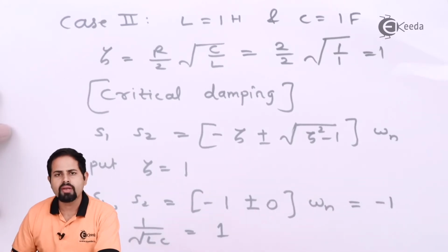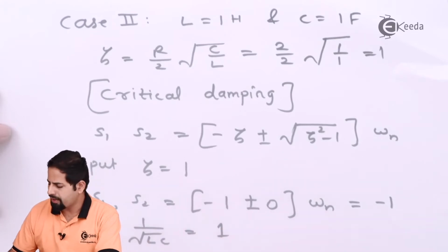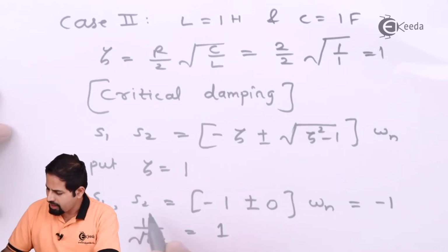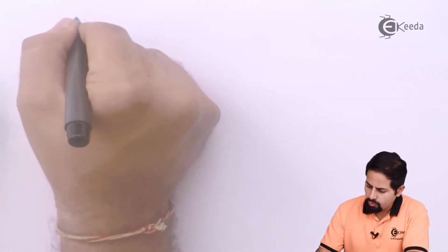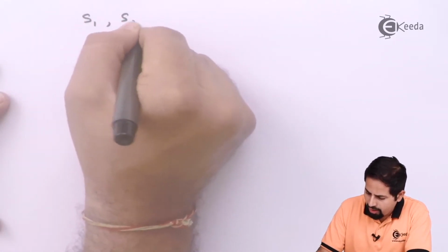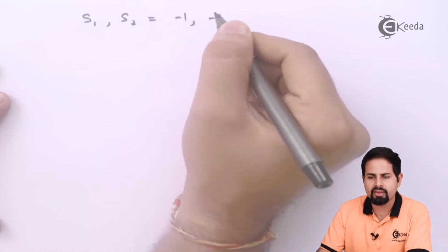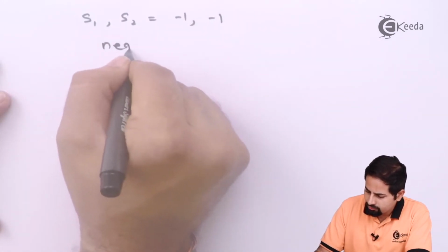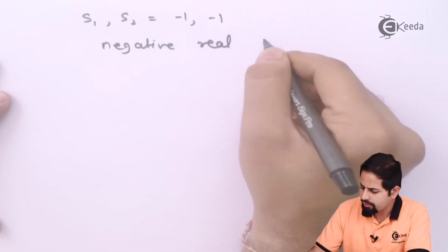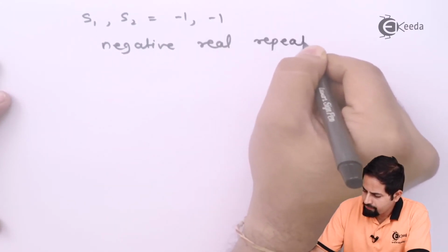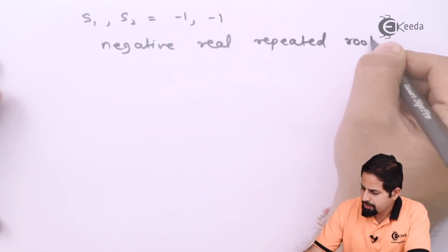So here you have negative, real and repeated roots. As it is S1 and S2 and you get only one value, S1 comma S2 both are minus 1 comma minus 1, and that is negative, real and repeated roots.